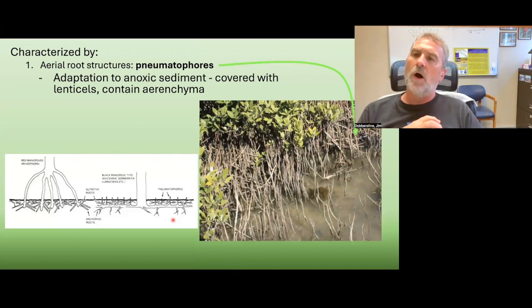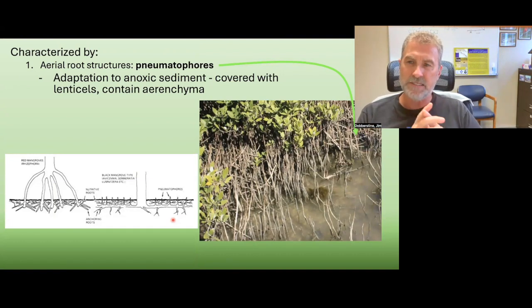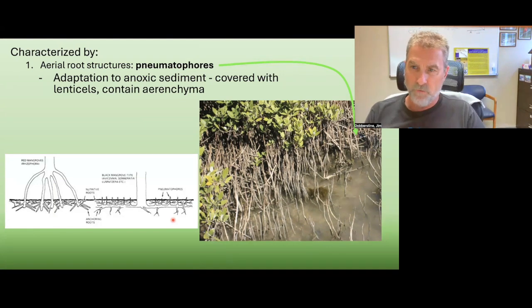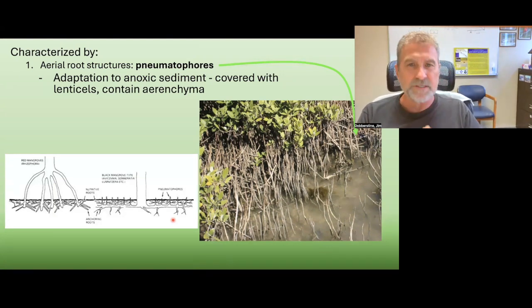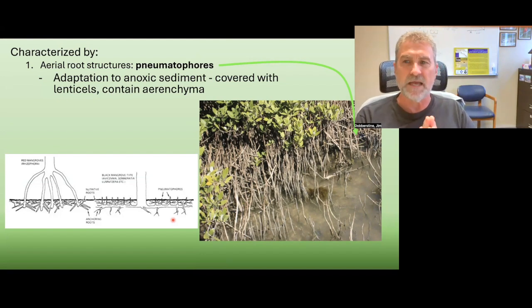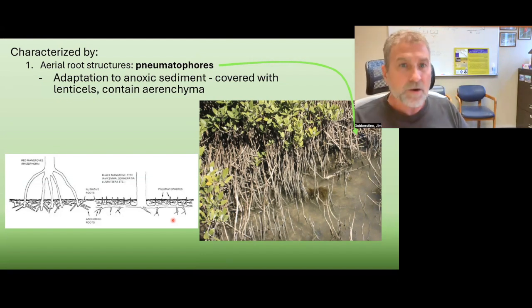These trees are also characterized by aerial root structures, but in this case, instead of prop roots, we have pneumatophores. Here again, this is an adaptation to anoxic sediments. These are covered with lenticels and do contain parenchyma. You can see those pneumatophores here.